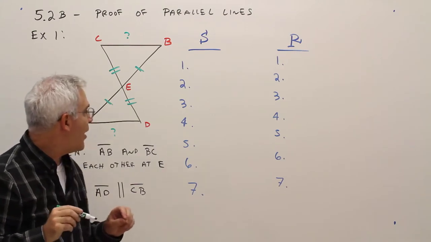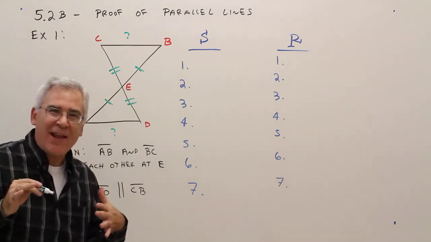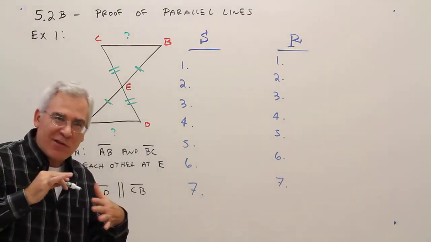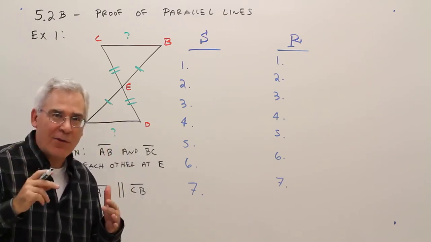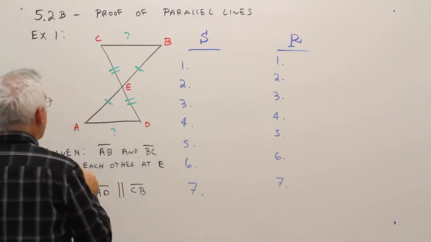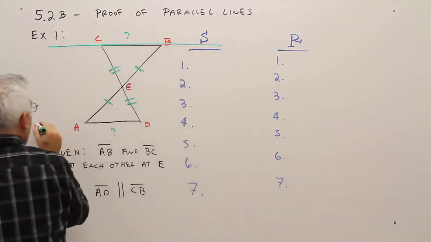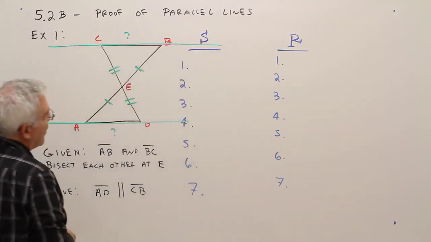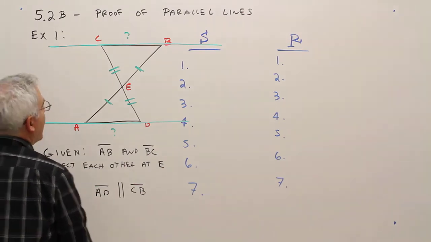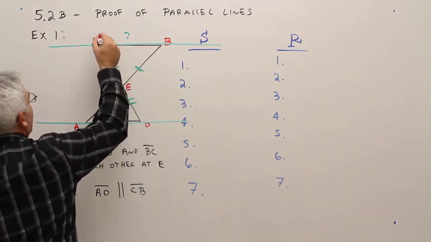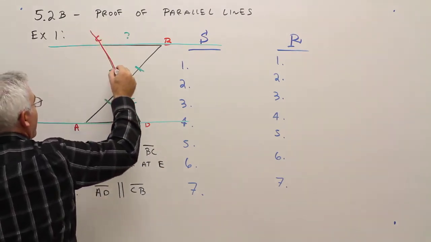Okay, well, one thing that helps my brain is to extend the lines and think of a transversal. So what I'll do is I'll extend this, and I'll extend this, and I can think of either one as being a transversal. I'll just call this line being a transversal.